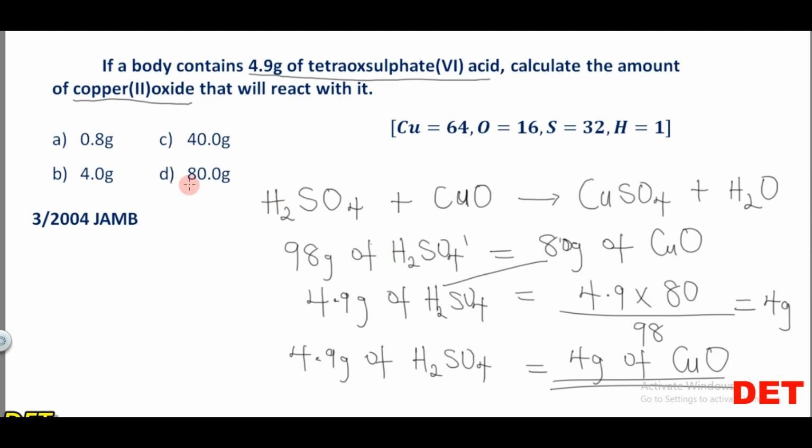So the correct answer here is option B, 4 grams. It's a very simple and straightforward question.